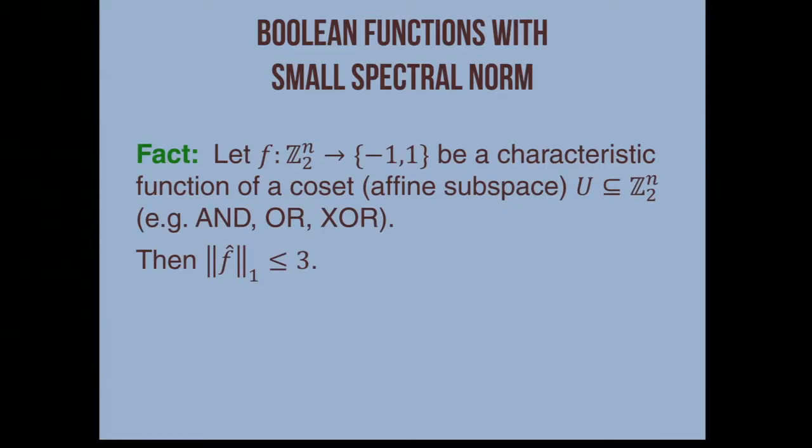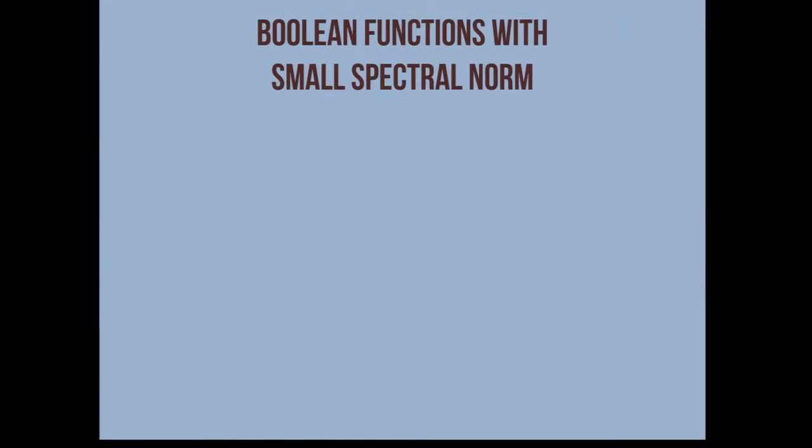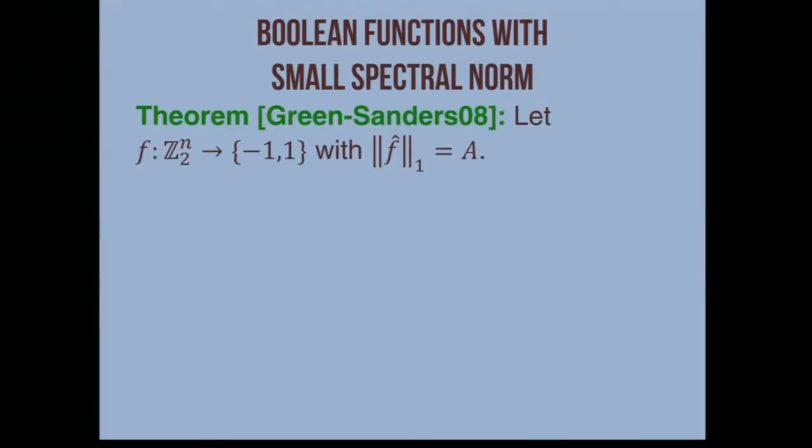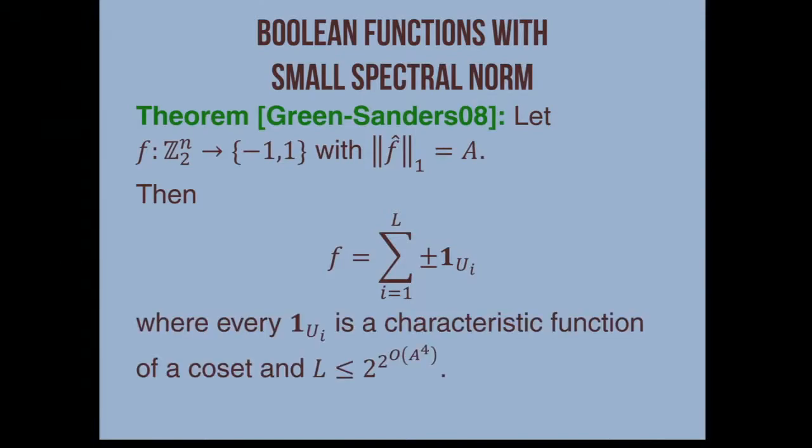And this actually turns out to be a pretty good characterization. There's the following theorem by Green and Sanders. Consider a function with spectral norm A, just some real number A. Then you can write this function as a linear combination of indicator functions of subspaces, sum over i equals 1 to L, where L is at most 2 to the 2 to the O of A to the 4th.